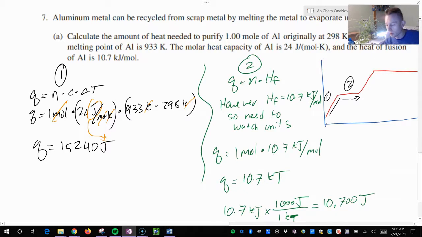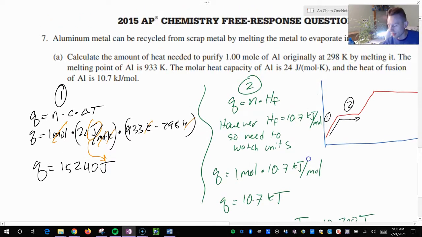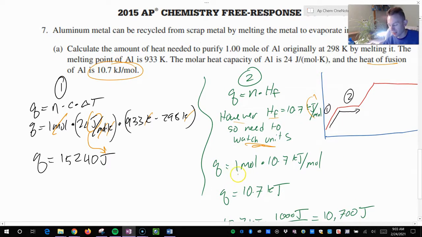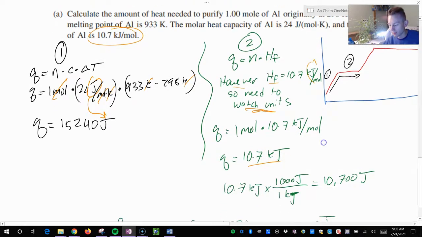Then use Q equals nHF or mHF, but in this case, again, we're given moles and the molar heat of fusion is given to us, except notice, I made this note here, however, HF is given in kilojoules, so we'll need to watch our units for this one. So this calculation's easy, 1 times 10.7 kilojoules per mole. So I get this, but again, gotta watch it.